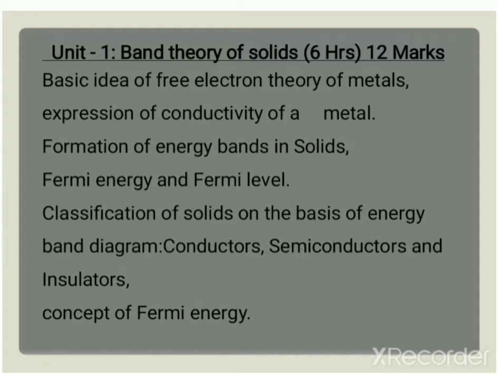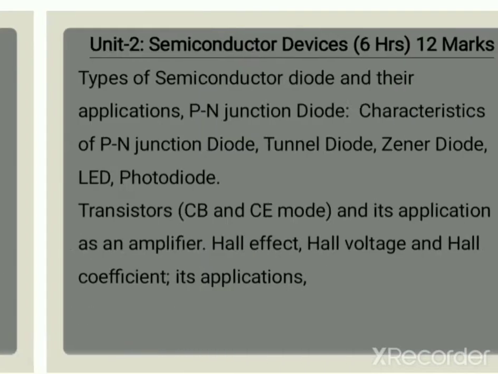Then we discuss classification of solids on the basis of energy band diagram, that is conductors, semiconductors and insulators, and the concept of Fermi level. So in Unit 1 we have to focus in detail on all the topics.